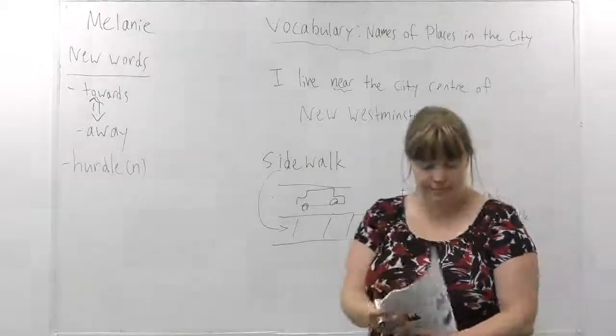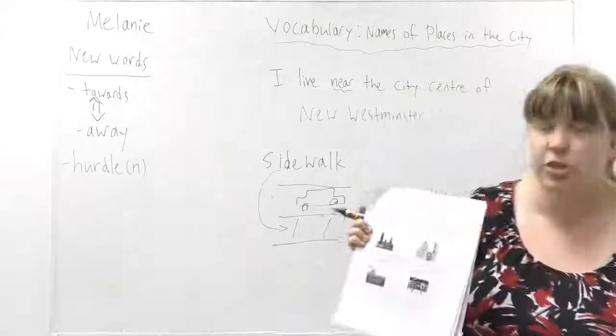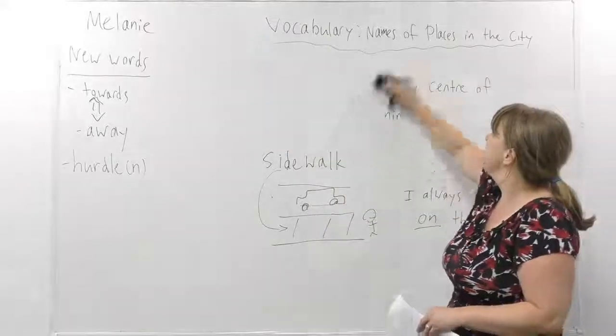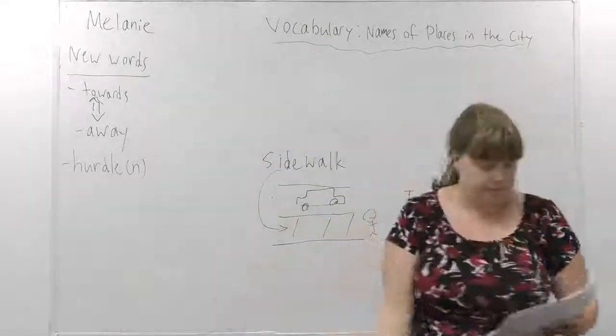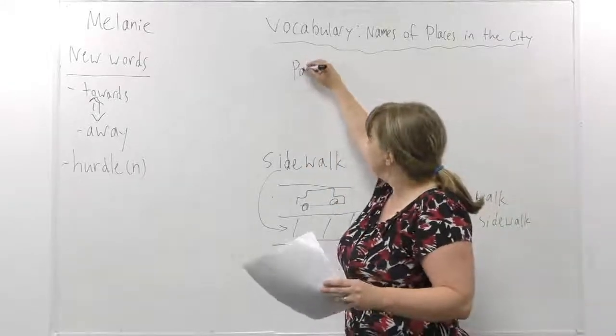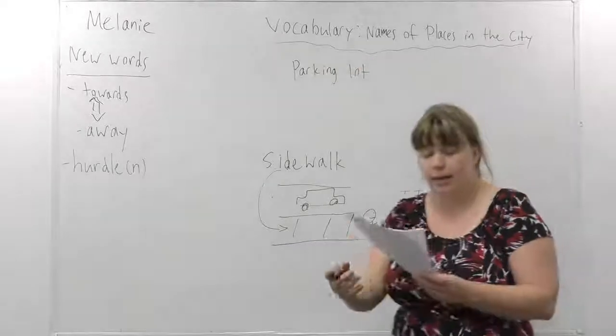Okay. And what's next? Let's see. Maybe we should do parking lot. I didn't circle parking lot, but let's do it anyway, just in case. Okay. So, parking lot. This is where you can park your car.